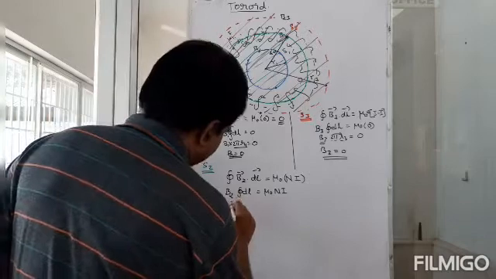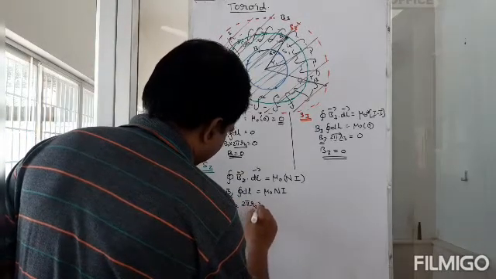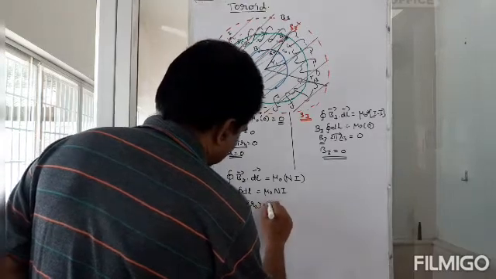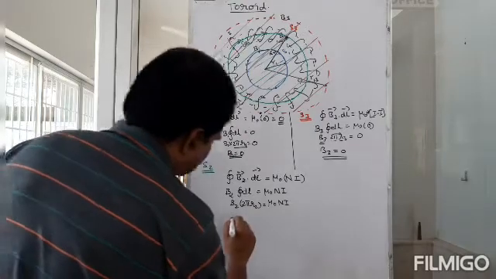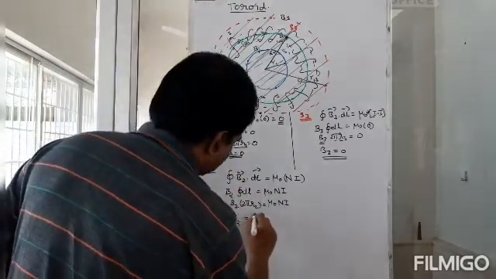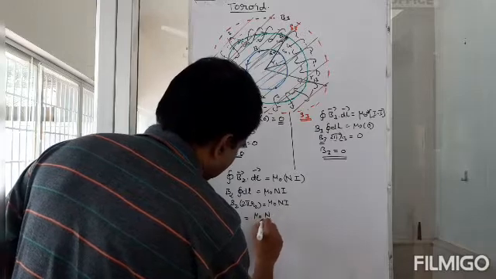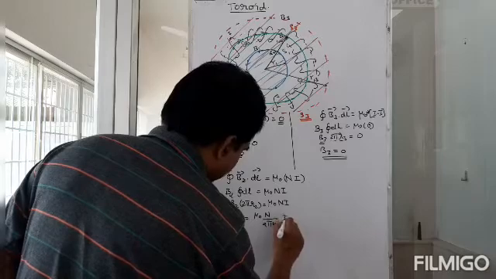So this is going to be B2 into 2 pi R2 is equal to mu naught N I. So now what is B2? It's inside, right? B2 is equal to mu naught N I by 2 pi R2.